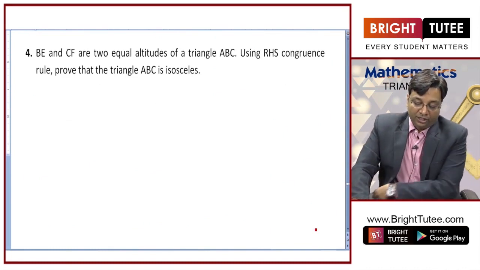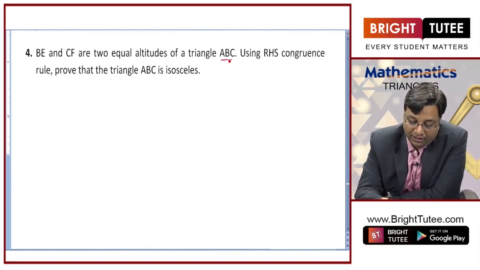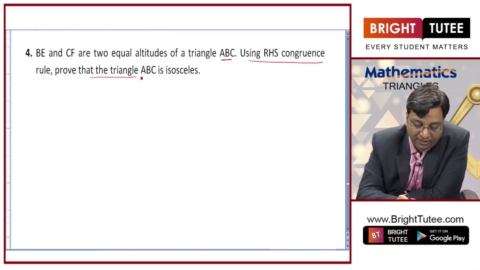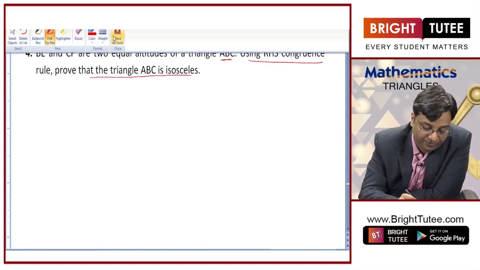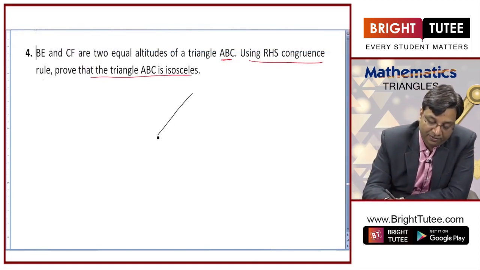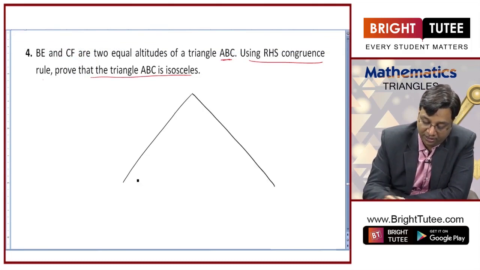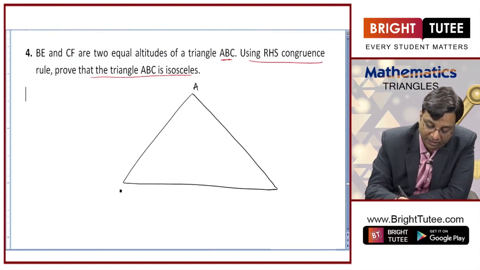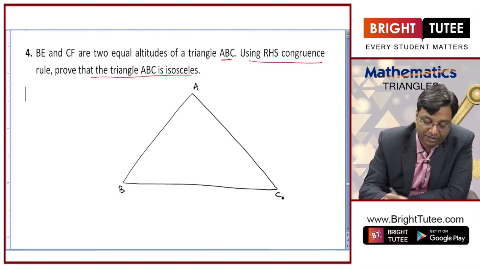BE and CF are two equal altitudes of triangle ABC. Using RHS congruence rule, prove that the triangle ABC is isosceles. Let us draw this triangle a little big so that we can visualize the problem clearly. This is triangle ABC.